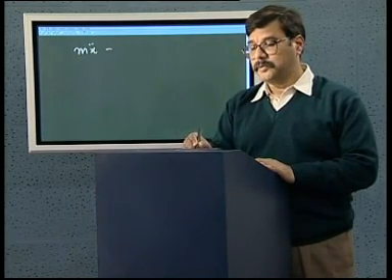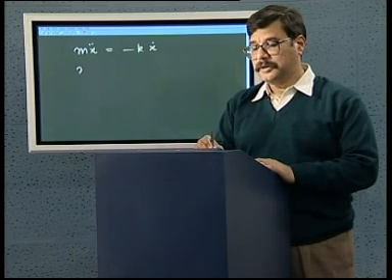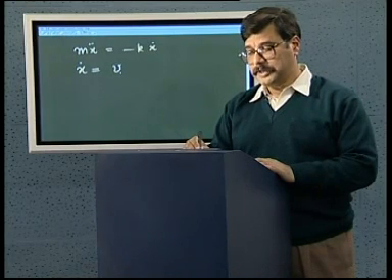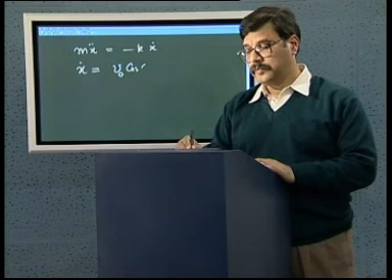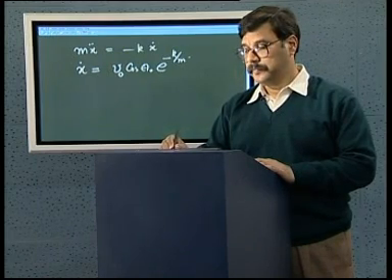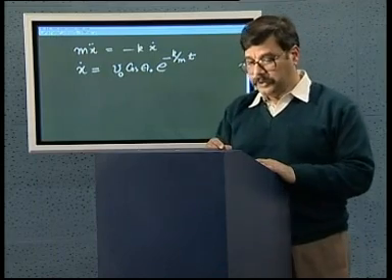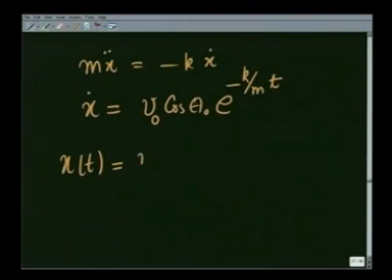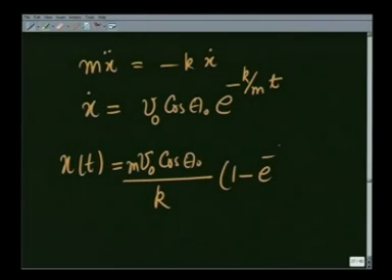m x double dot equals minus k x dot gives me x dot is equal to v initial, which in this case happens to be v 0 cosine of theta 0 e raised to minus k over m t, and also x as a function of time comes out to be v 0 cosine theta 0 m over k times 1 minus e raised to minus k over m t.